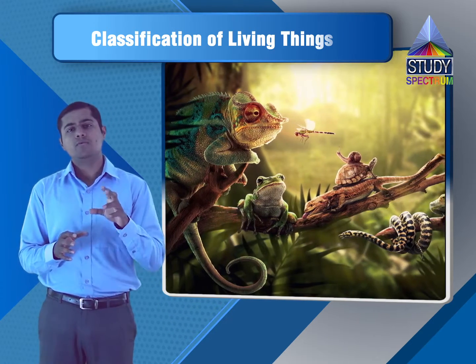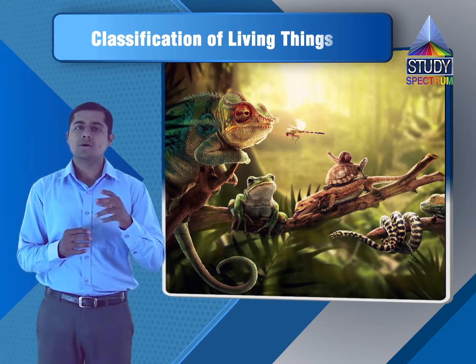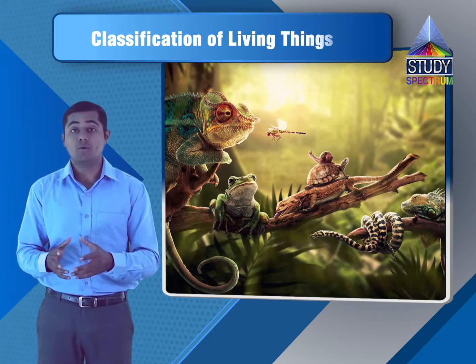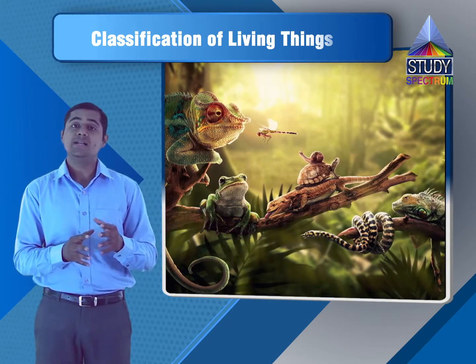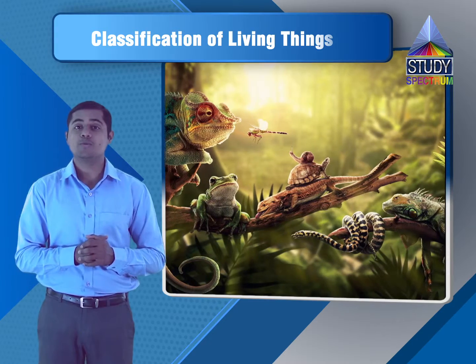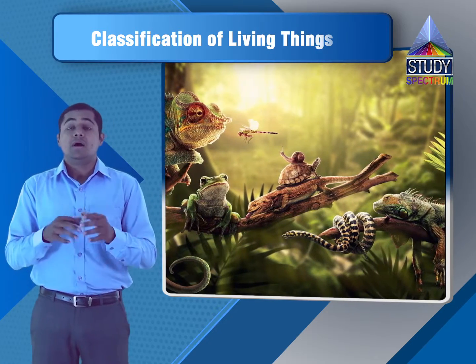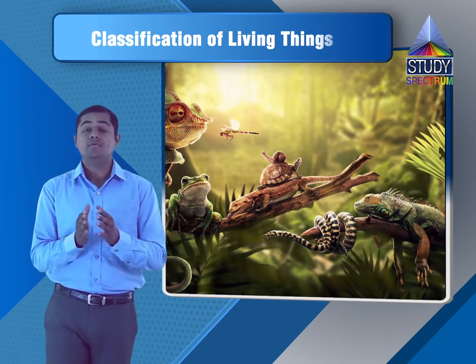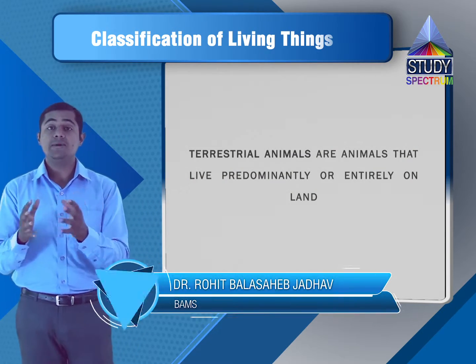What about the frog or a lizard or a snake? Yes, they can live on the ground as well as in the water. Means, according to the habitat, where do these animals live? We can divide them into 3 major parts.